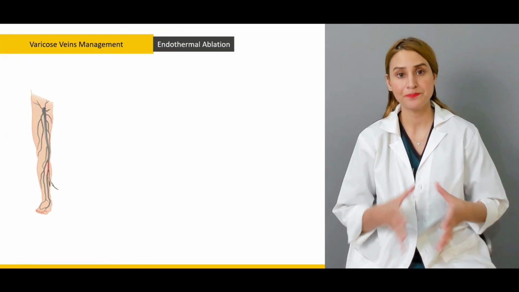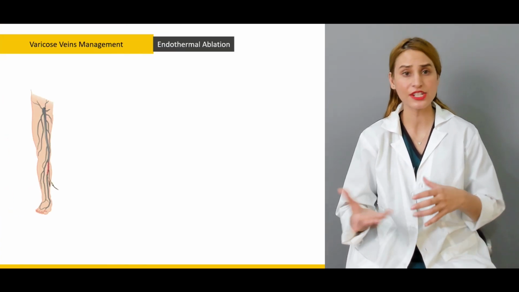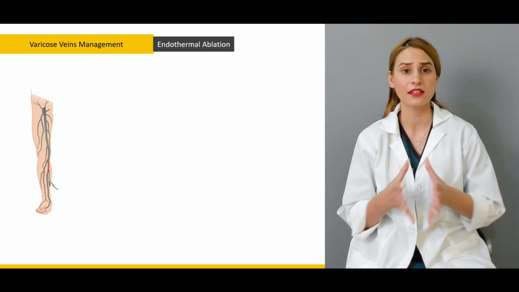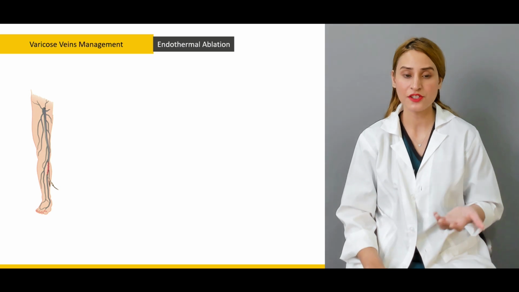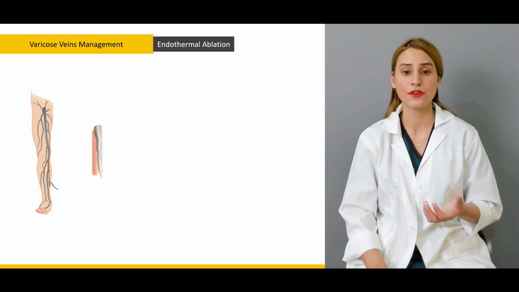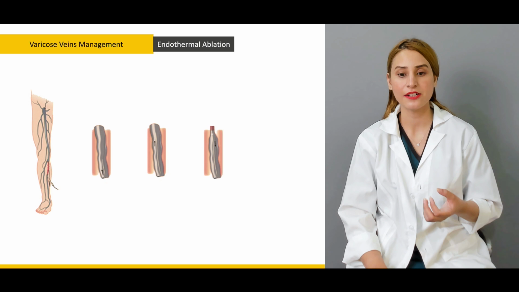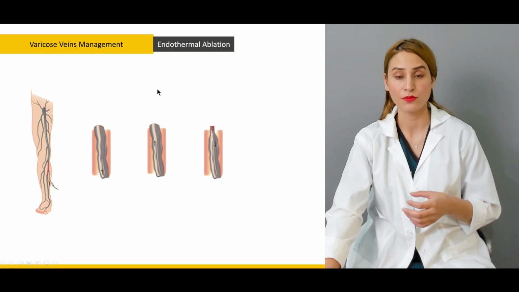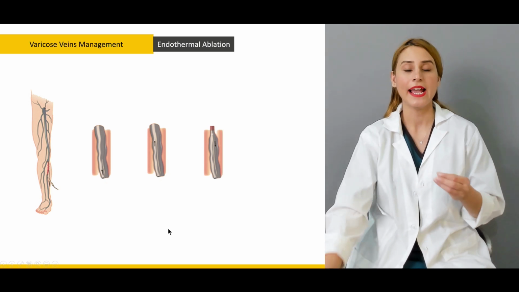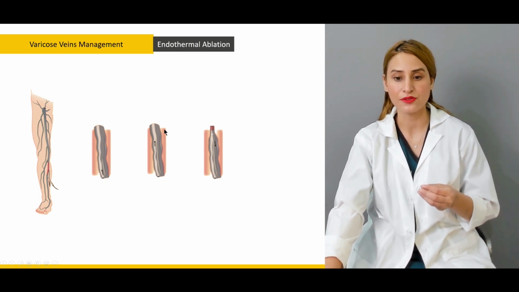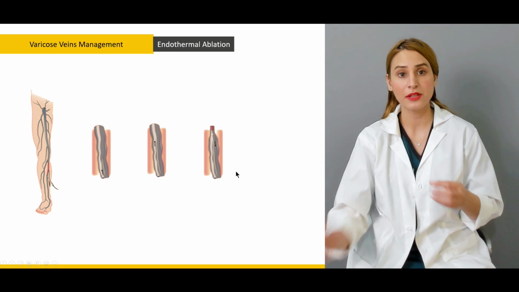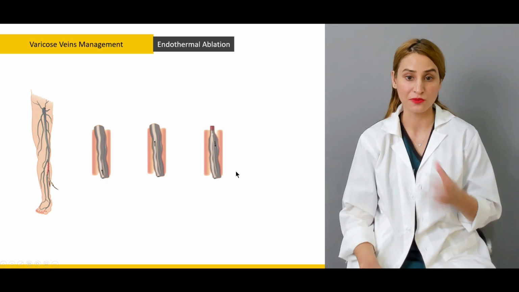Then, if we talk about the surgical procedures available for the management of the varicosities, there is endothermal ablation. You can see here, in endothermal ablation, you put in an endoscope and cauterize the perforators. You try to ablate the incompetency present in the valve.